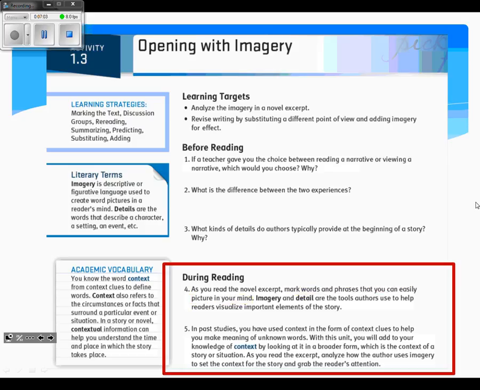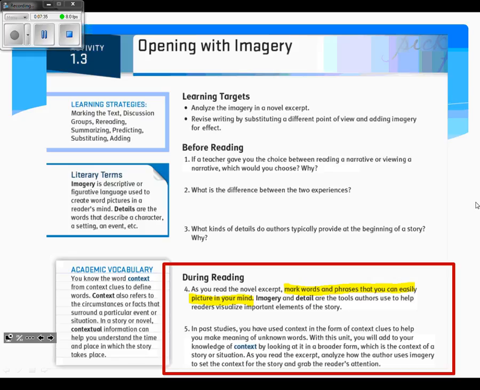And instead of us reading each one of those steps, let's just highlight the key information that we need. All right, so in step 4, here's the highlighted information. I'll say it aloud in case you have trouble seeing the screen right now. During reading, the first thing that we have to do is mark words and phrases that we can easily picture in our mind. So some of you might be highlighting a lot of information because the details our author gives you let you make that image and that movie in your head come to life.